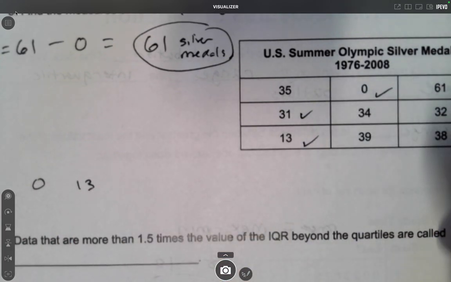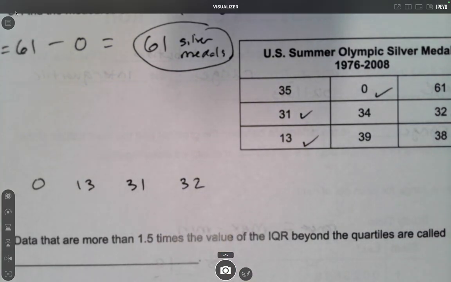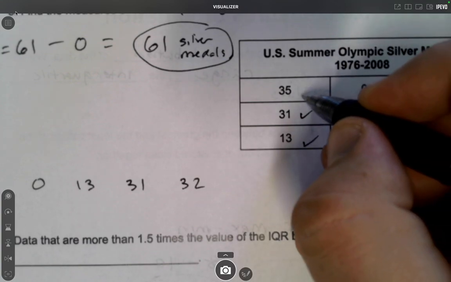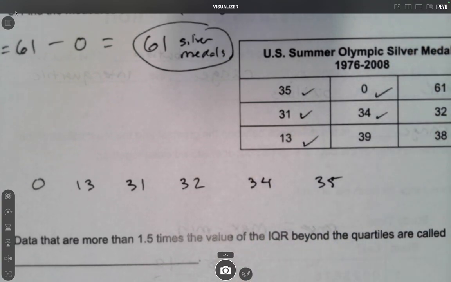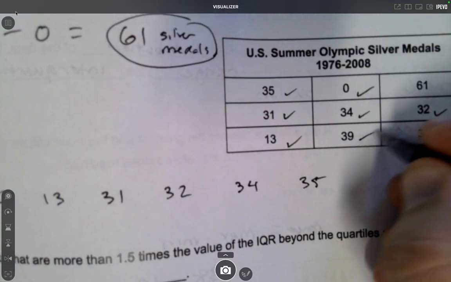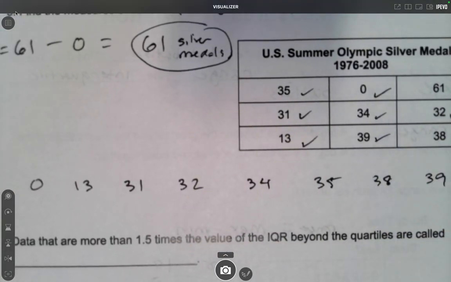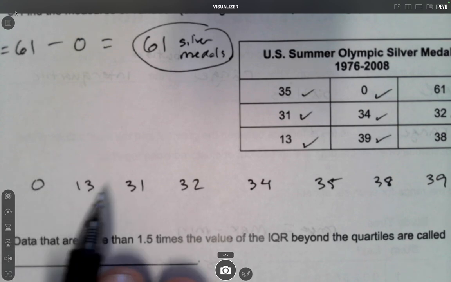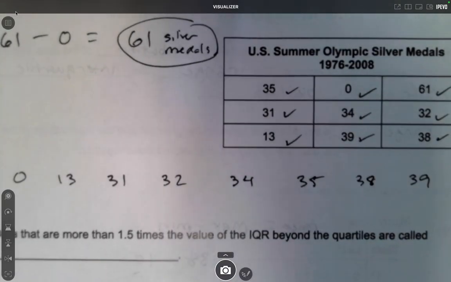Then there's 31, 32, 34, 35, 38, 39, and 61. So it should be 9 total. 5, 6, 7, 8, 9. Yeah, 9. I'll zoom out so you can see all I wrote.